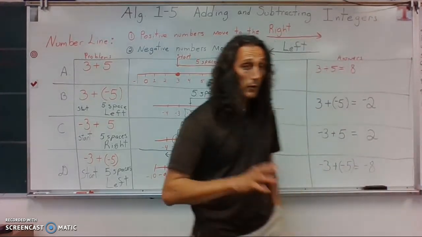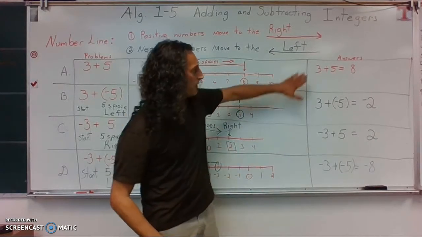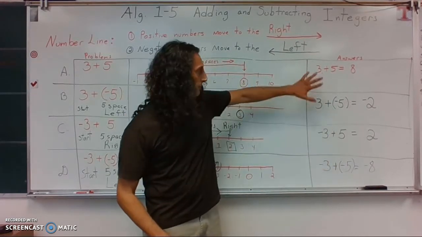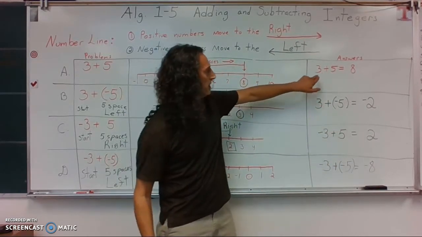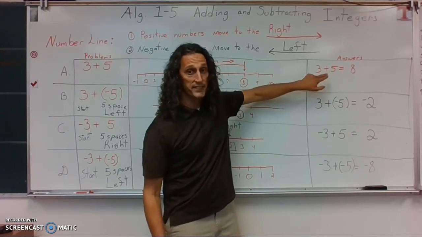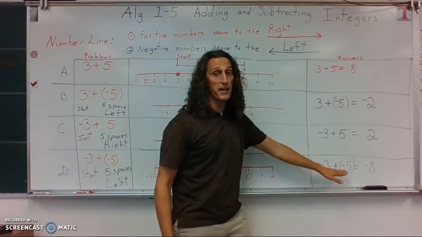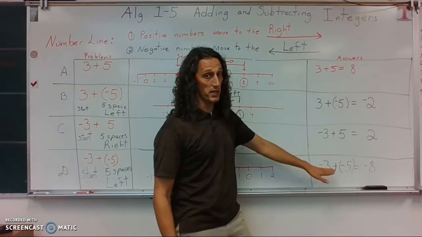So we're just going to give a little spoiler alert for the next section. Take a look at our answers over here and see what happened when these two were both positive numbers, or the same sign, and these two down here were both negative numbers, or the same sign.